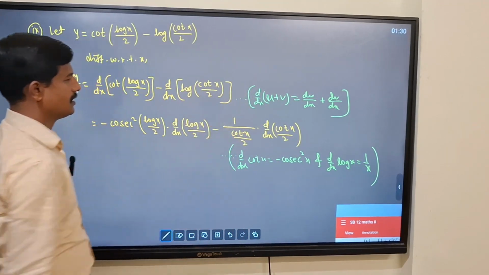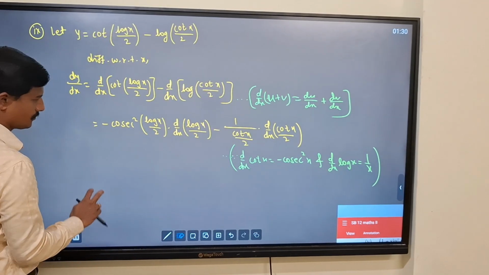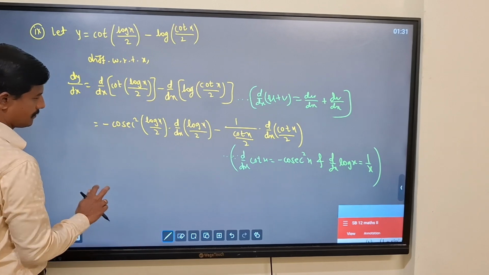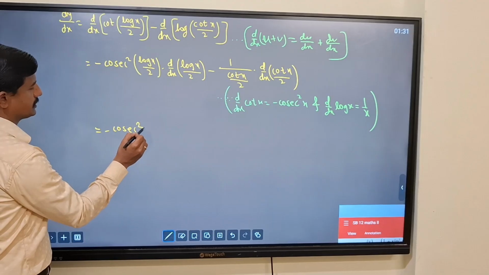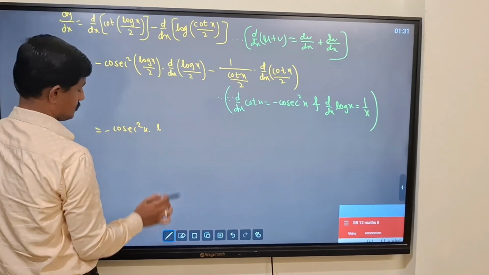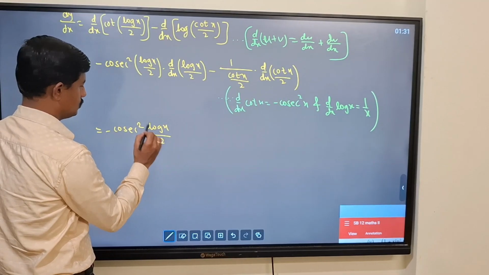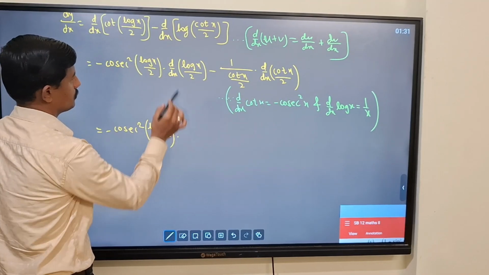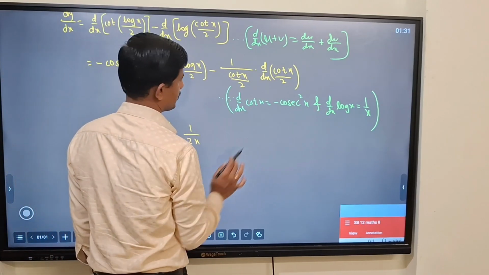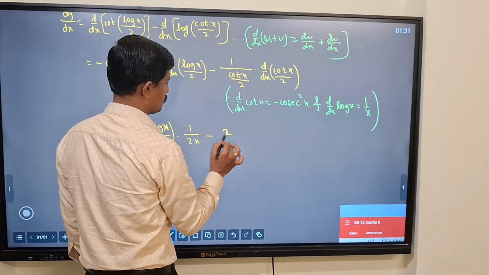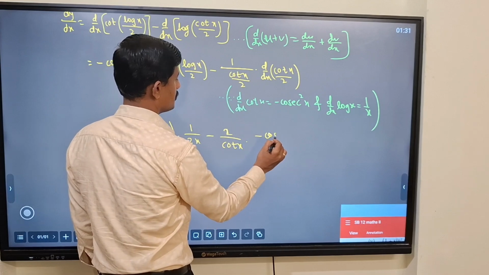Okay. Now next, sorry, this is not cosec square x, this is minus cosec square log x by 2, into 1 upon 2x, since 2 is constant and the differentiation of log x is 1 upon x. Minus 1 upon cot x by 2 into the differentiation of cot, which is minus cosec square x by 2.